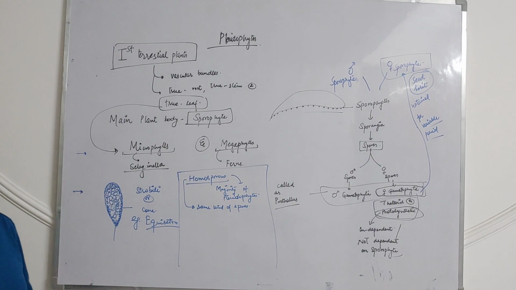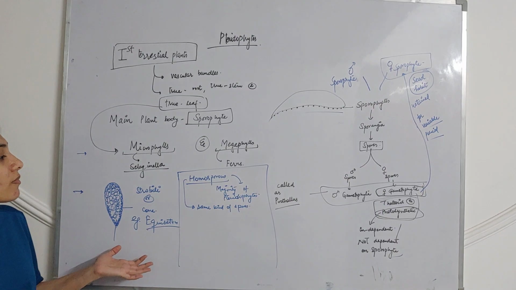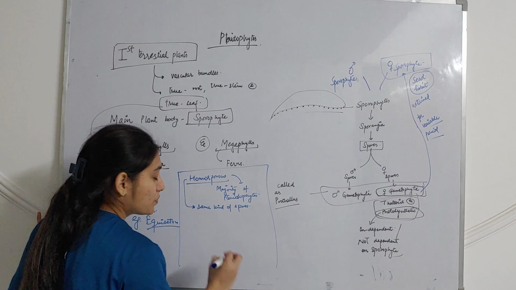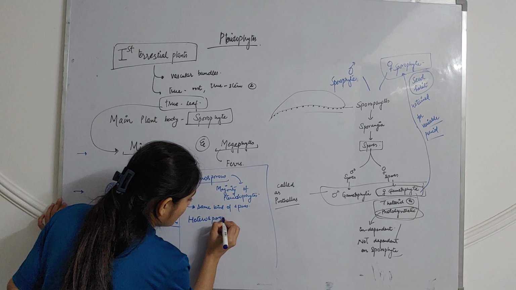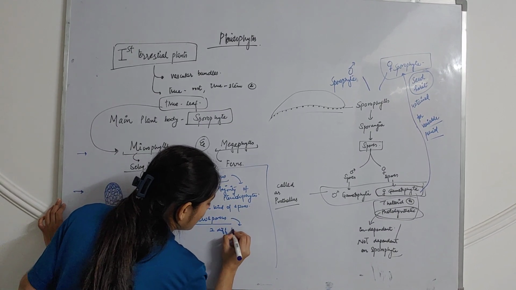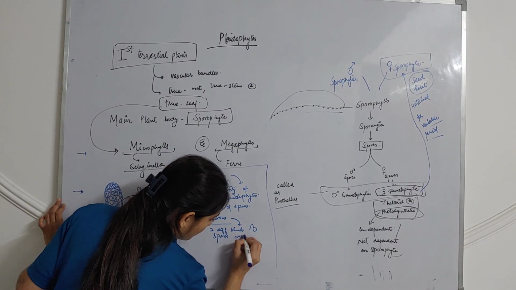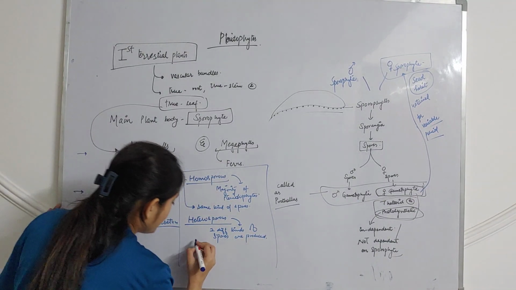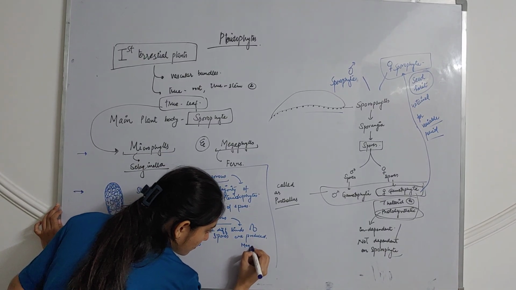In some species, different kinds of spores are produced, which is called the heterosporous condition. Two different kinds of spores are produced: microspores and megaspores.